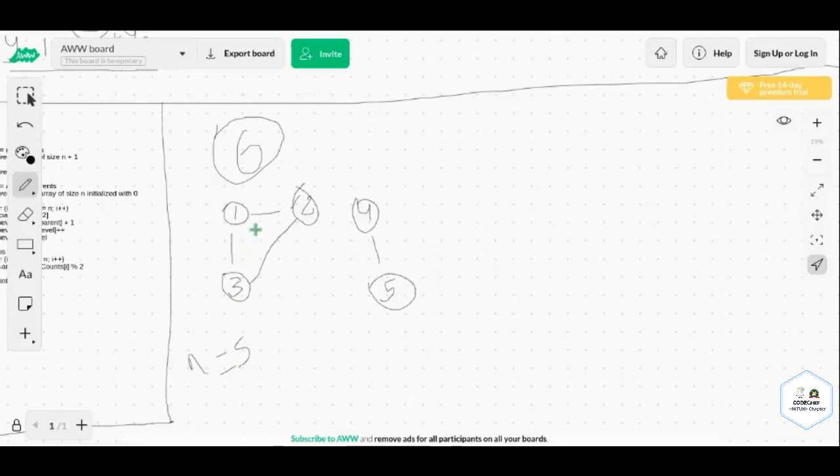Okay, so the total number of roads is what? 1, 2, 3, and 4. That is n minus 1. We have 4 roads. Now we have to connect these cities. Now, how can we? I can reach 1 to 3, 1 to 2, but I cannot reach 1 to 4. To do this, I can create a road between 1 and 4, or maybe 2 and 4. Either way, let's create a road between 2 and 4. Then I can close any one of these roads, right?